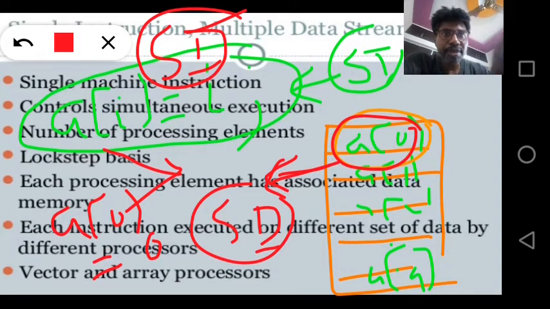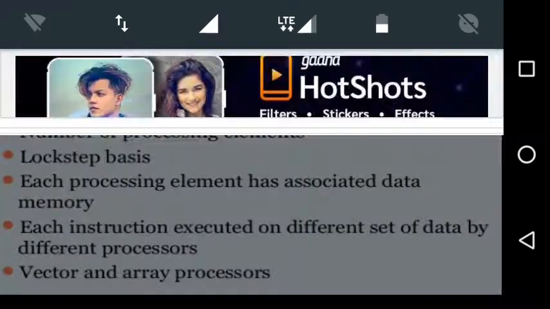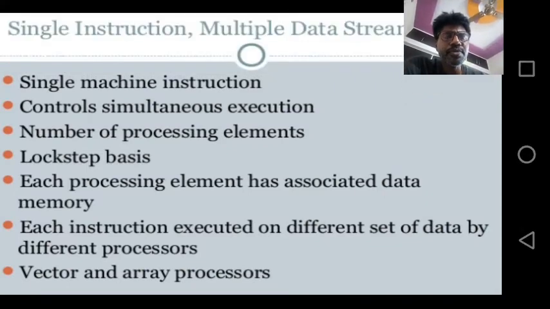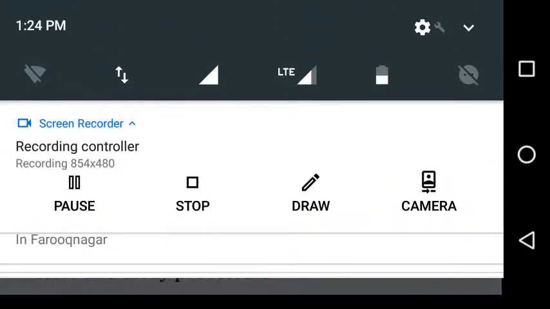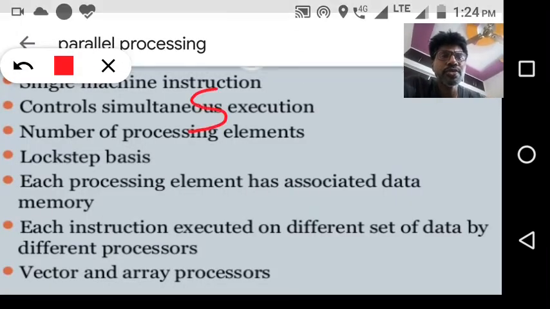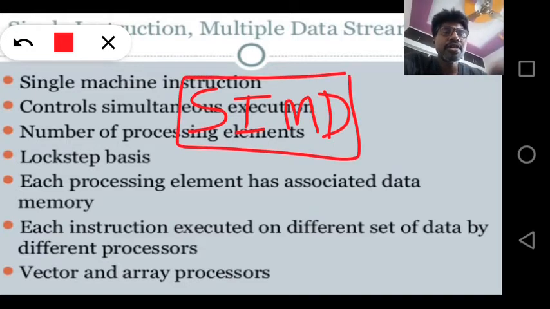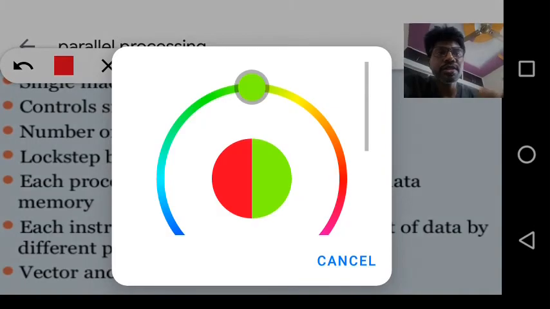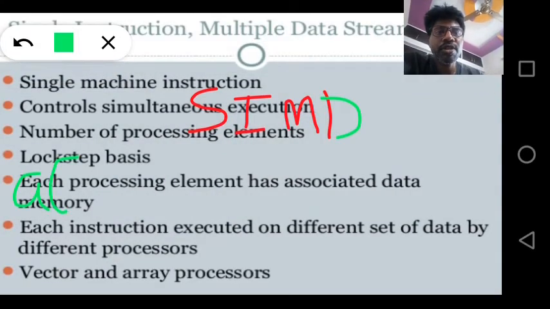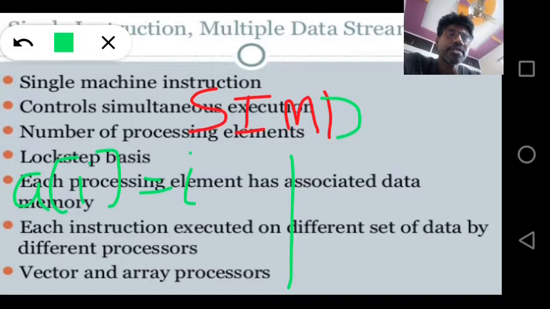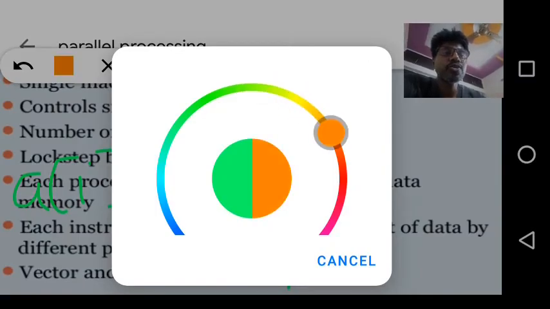But what happens in the same case in SIMD, single instruction and multiple data? We have seen single instruction and single data. In case of single instruction and multiple data, the instruction is single, that is A of i equals i. But what is the multiple data?